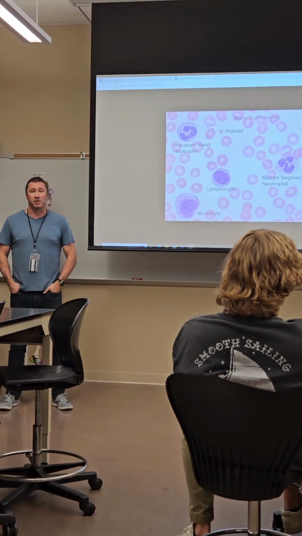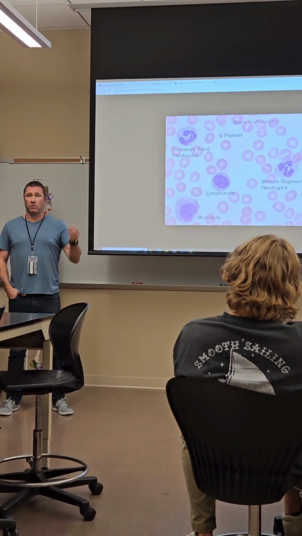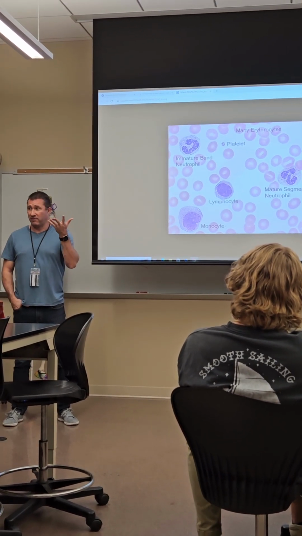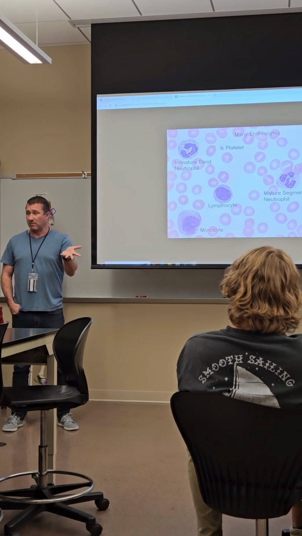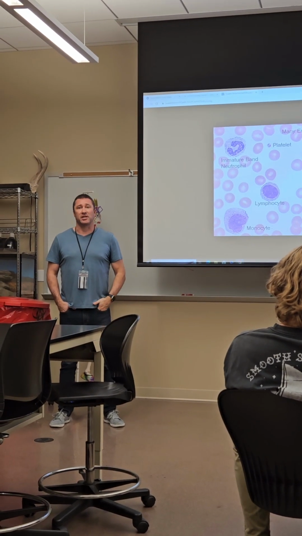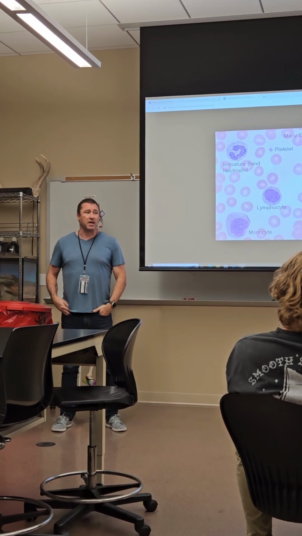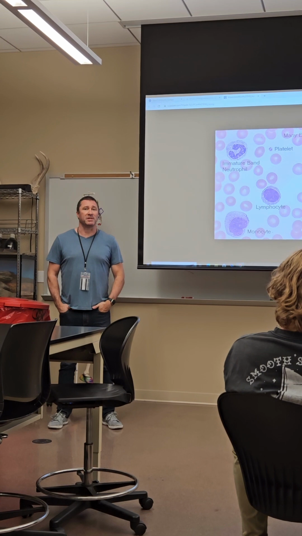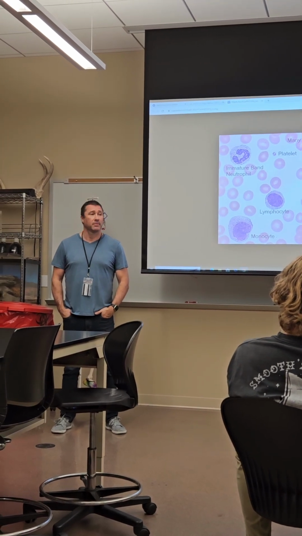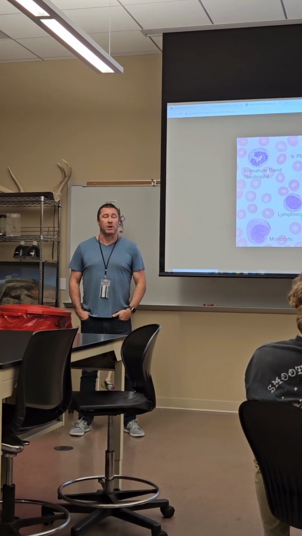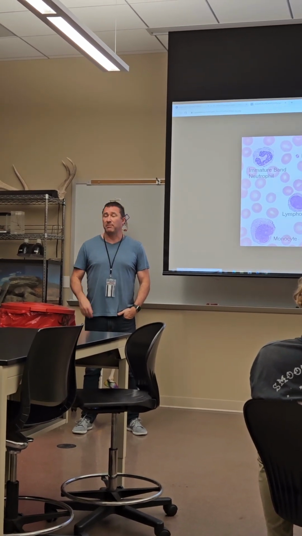So for the ABO, somebody with A antigen would have what type of blood? A. So if they have B antigen, they would be B. What happens if somebody's got A antibody? What blood type would that be? So A antibody would be type B blood, right?